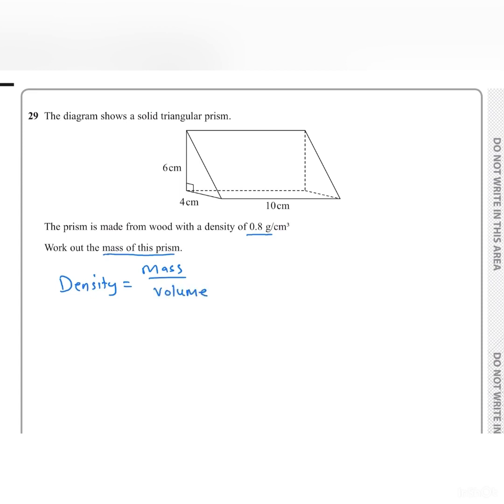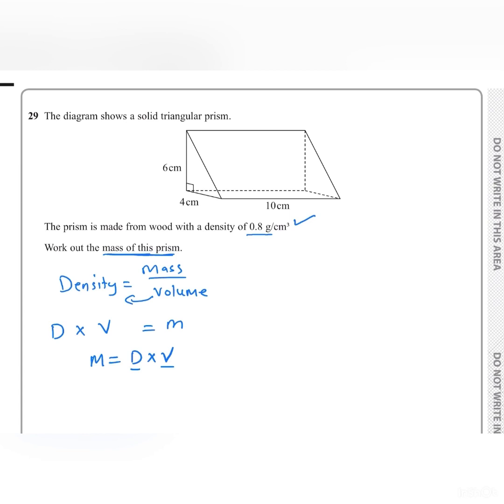Okay, now we need to work out the mass from this formula. So if you times both sides by volume, the density times volume would give us the mass, or mass equals density times volume. But we have density given to us, but we do not have the volume of this prism.